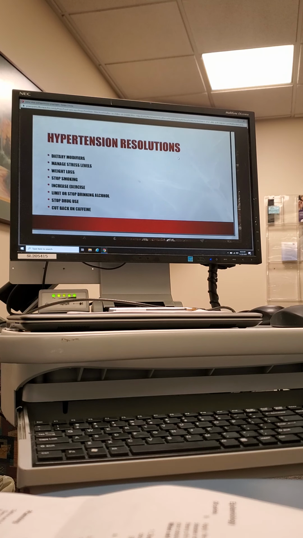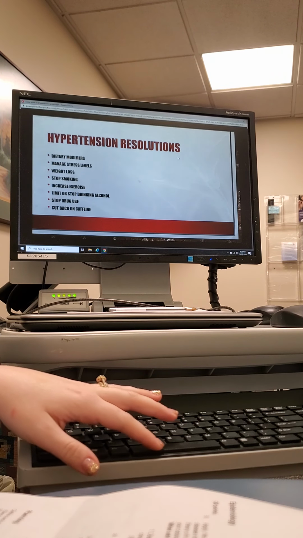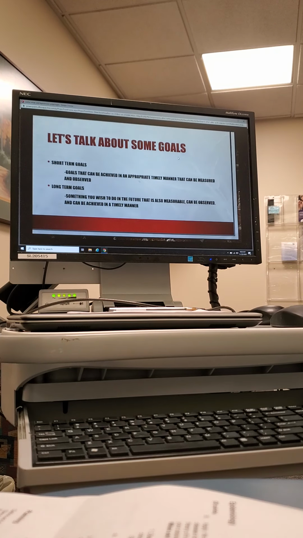You want to increase your exercise, which is what we do here. And like what Mark told you today, when you exercise over time, for 24 to 48 hours, it can keep your blood pressure managed, and that is what we want. Weight loss, of course, puts less strain on your body, less strain on your heart, and it can help clear up your arteries, believe it or not. Manage your stress levels, of course, and then your dietary modifications.